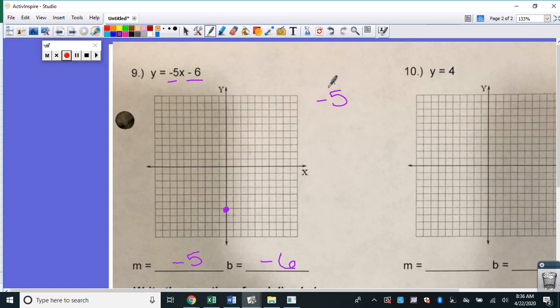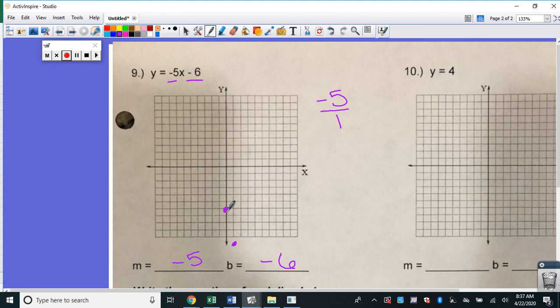So since it's just a negative 5, I simply put a 1 underneath it, and I have my rise over run. So this graph is going to be moving down 5 units and over to the right 1 unit. Again, bear with me. So if I'm at my y-intercept, I'm going to go 1, 2, 3, 4, 5, going off the graph, and then over 1 unit.